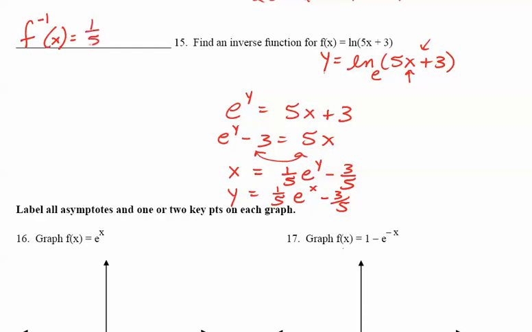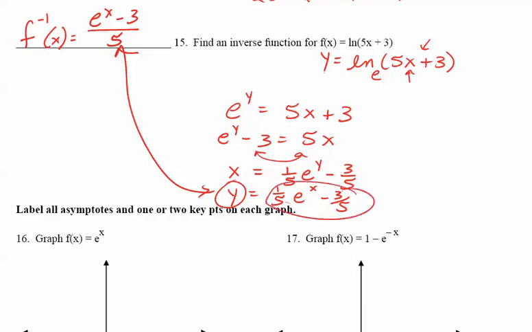So we could write it with e to the x minus 3 all divided by 5. That would be the same. Let me write it that way here so you can see that it doesn't matter which of these two formats you use. But remember to change the y into f inverse of x. I don't care whether it's in binomial or monomial form.